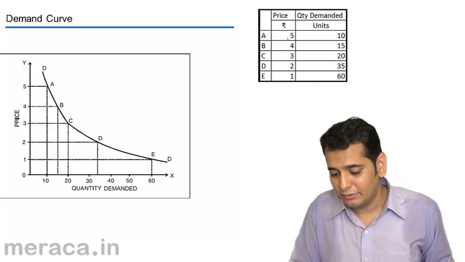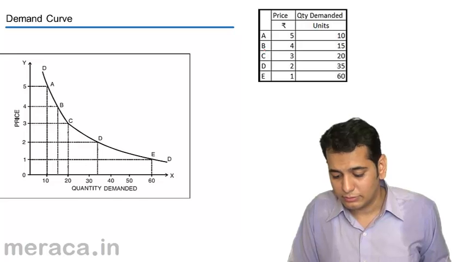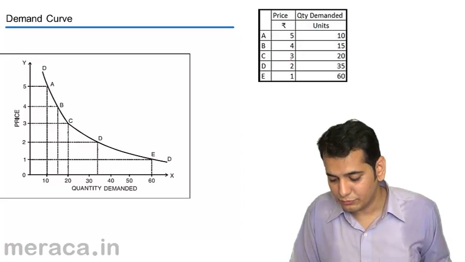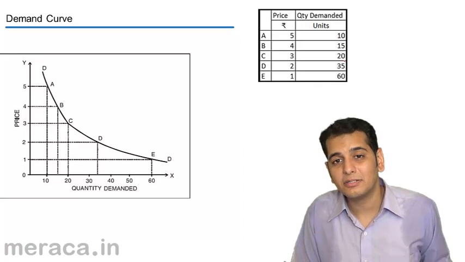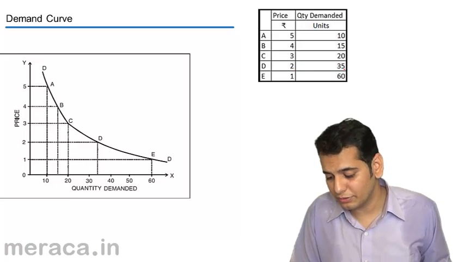So at A, when the price is rupees 5, the quantity demanded is 10 units. In case B, the price is 4 and quantity demanded is 15. In case of C, when the price reduces to 3, the quantity demanded rises to 20. Case D, where price further falls to 2, the quantity demanded increases to 35.